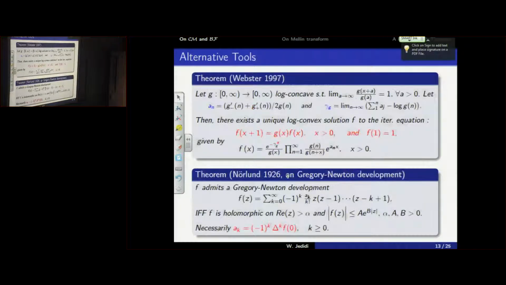We also provide the second approach, which is purely analytical and avoids the complex analysis stuff.